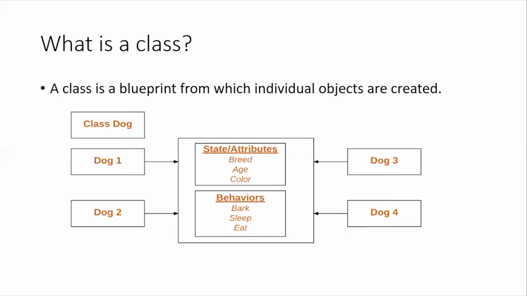So here also, when I say that this dog object will have these properties, and the dog object will have these behaviors, I need to have all these things represented somewhere. So to represent what the properties and behavior of an object will be, we have a class defined, right?